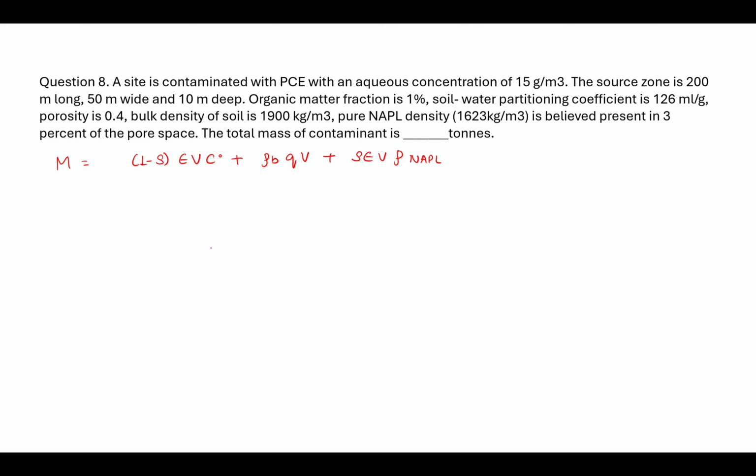Okay, let's see. The formula to calculate the mass of the contaminant will be this: the mass of the contaminant will be 1 minus S, epsilon, V, C naught, plus rho B, Q, V, plus S, epsilon, V, rho NAPL.